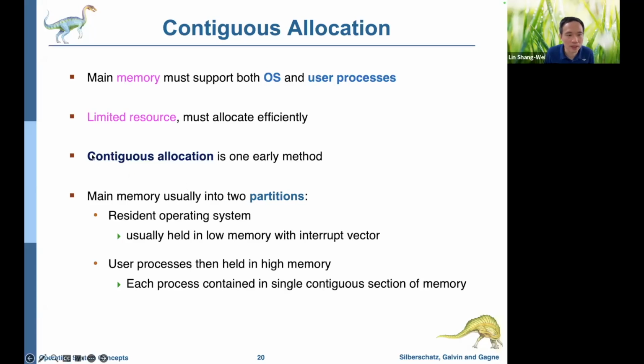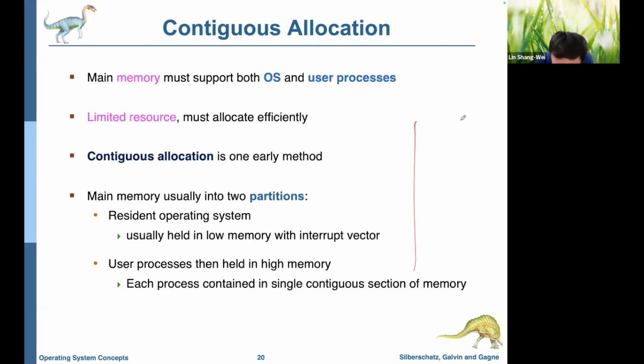As the name implies, whenever you allocate memory to a process, you always allocate contiguous, consecutive memory to it. In this case, your main memory will be split into different partitions. The operating system is the most important one, right? Let me draw it.